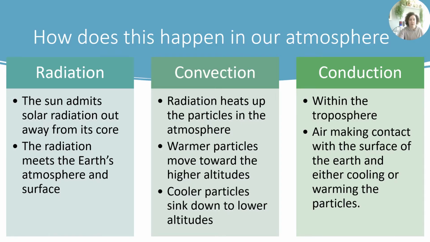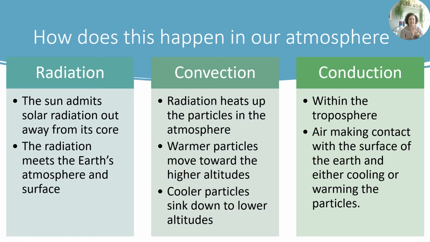So, how does this happen in our atmosphere? Well, let's talk radiation. Let's just start there. Radiation is the sun emitting the solar radiation out away from its core. The radiation then comes into contact with our atmosphere and starts to heat up our atmosphere. If you think about cold winter evenings, if you have a fireplace, gas or electric or whatever, this is what happens.